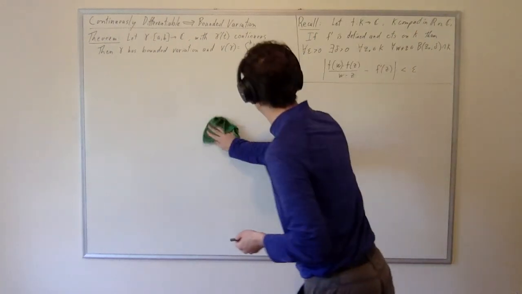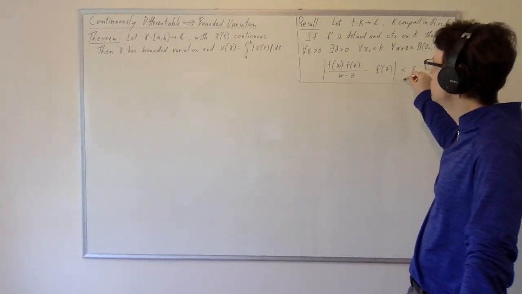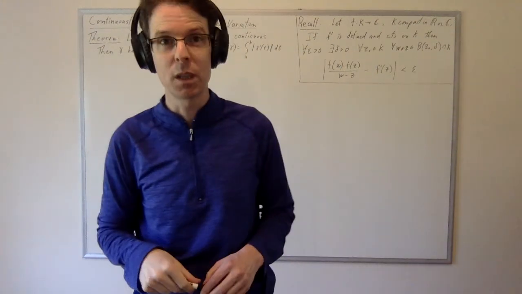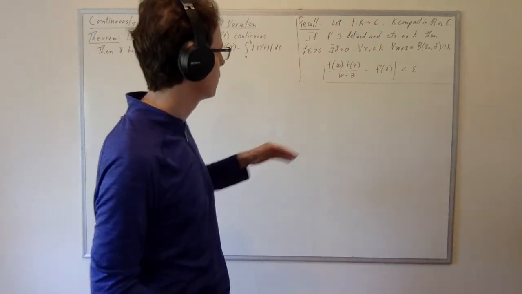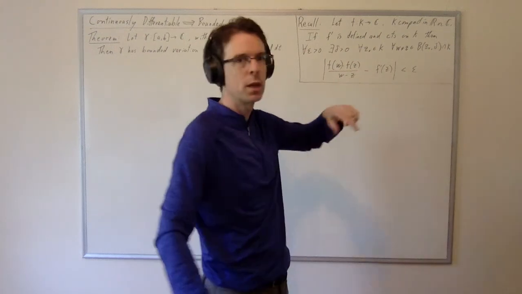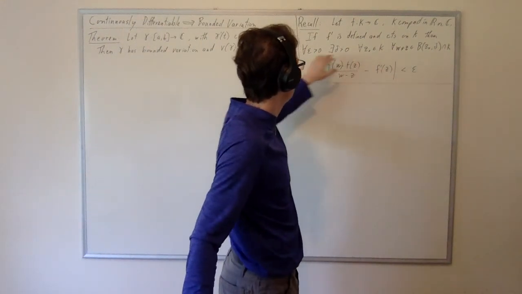Before we prove it, I want to remind you of a previous theorem. You should maybe review a theorem about uniform approximation of derivatives by difference quotients. When we were dealing with this function q of w, z, we proved that the difference quotient function for a function f, f of w minus f of z over w minus z, can be uniformly approximated by the derivative in this sense.